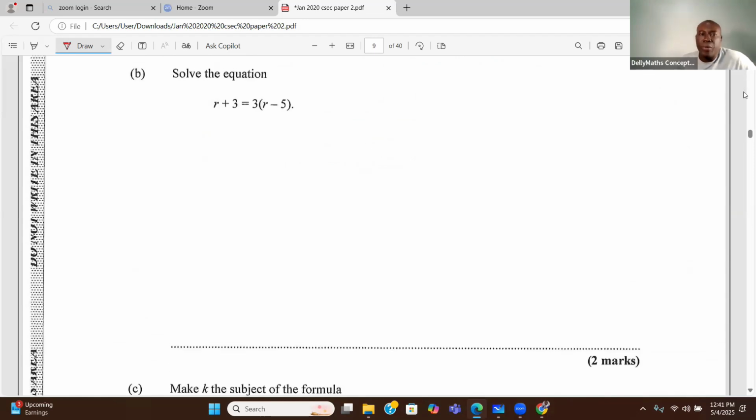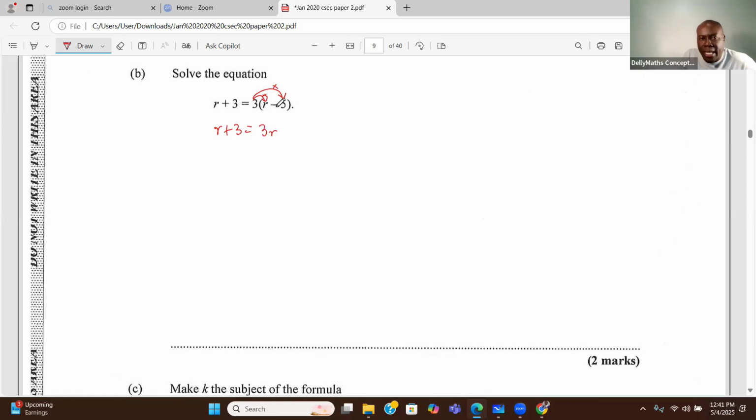So here it is that they ask us to solve this equation. Whenever you're solving an equation, if you see brackets, you want to get rid of them. So I'm going to distribute the 3 inside. Distribution is multiplication. So it's going to be 3 times r, you get 3r.